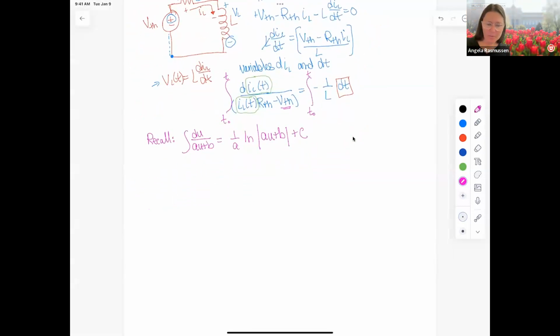And so this ends up being natural log. Maybe I'll match these up. So my a here is going to be RTH, u is going to be IL, and then b is minus VTH.